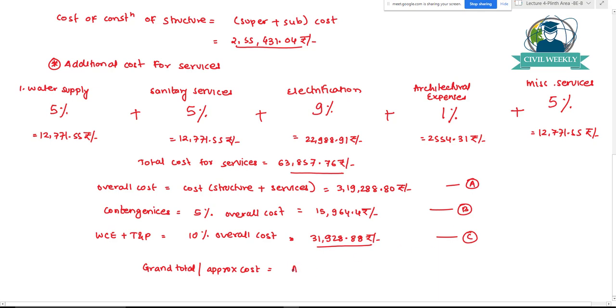So if we add all these things, A plus B plus C, 3,19,288.80 plus 15,964 rupees plus this 31,928, it will work out to be 3,67,182.12 rupees.